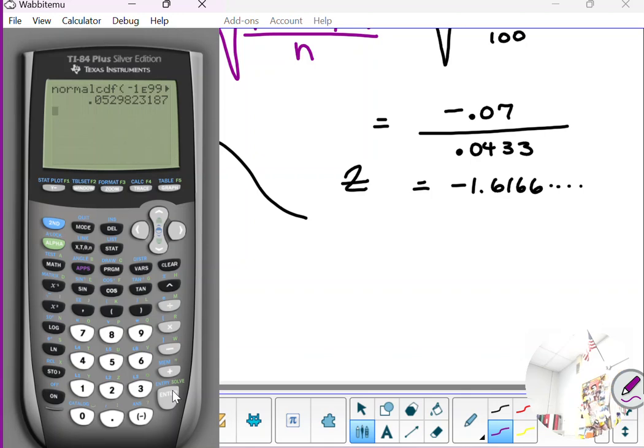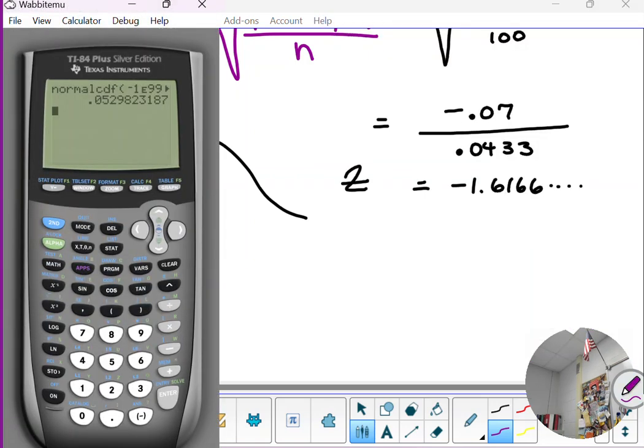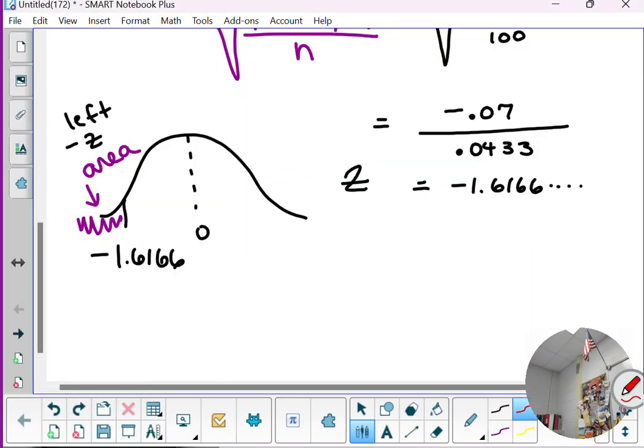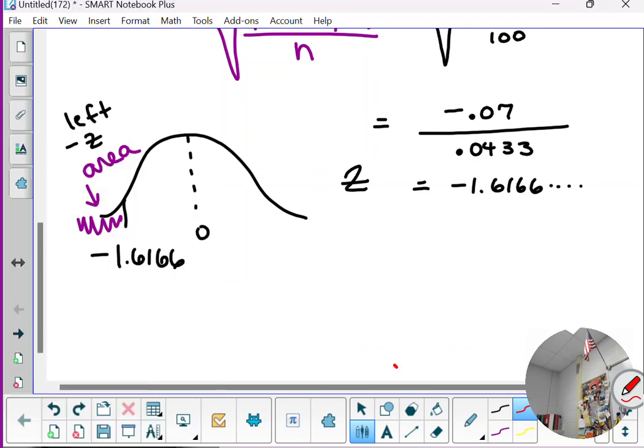I call this area big P in my notes when I write these problems. And so my big P, if I keep more than 2 decimal places, which I should, I got to be exact, it's 0.053.